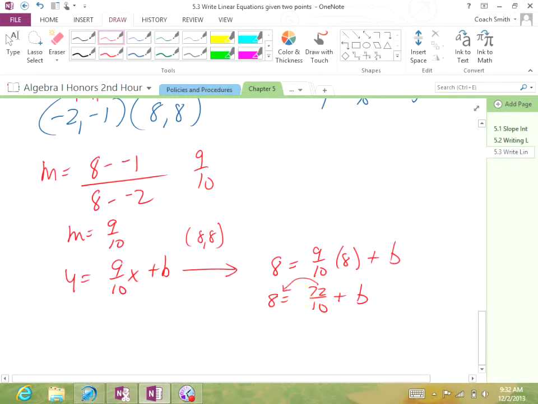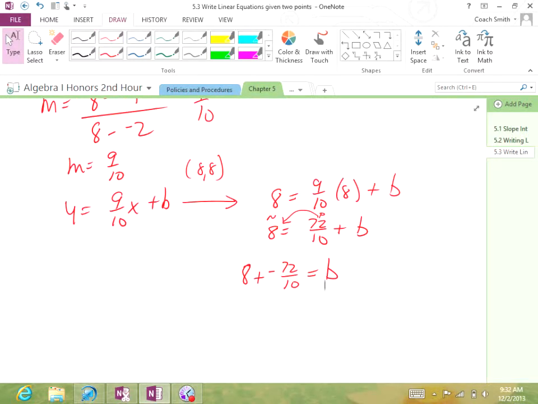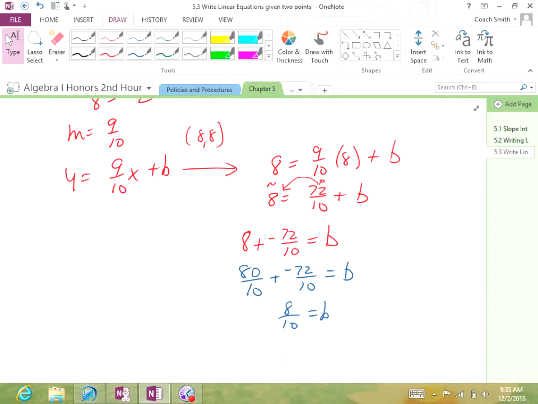Got to move this over here, becomes a negative. So it's a negative here because it was a positive there. So that gives me 8 plus negative 72 over 10 equals b. So that would be 80 over 10 plus negative 72 over 10 equals b, which is 8 over 10 equals b, which is 4 over 5 equals b.